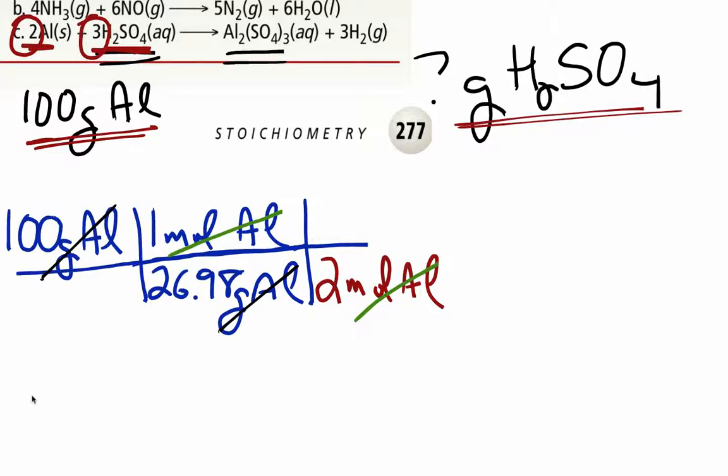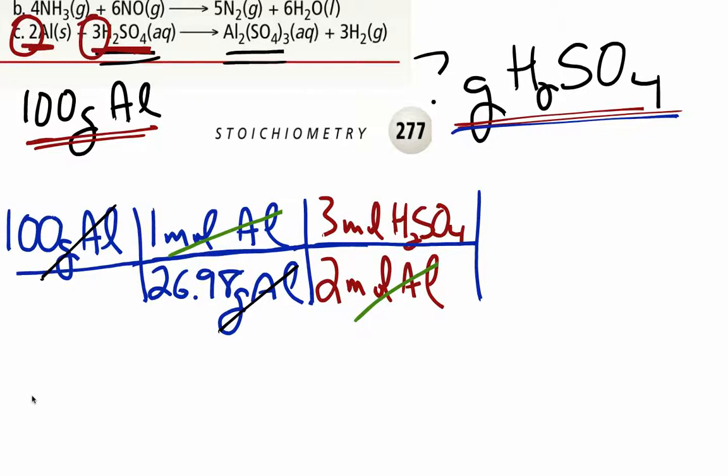The only way I can put that on the bottom, though, is if I have the moles of sulfuric acid on top. And again, this question is asking for us to solve for the mass of sulfuric acid. That's why I'm going to mass of sulfuric acid. But notice I could also solve for the mass of aluminum sulfate I'll make, or the mass of hydrogen gas that I'll produce.